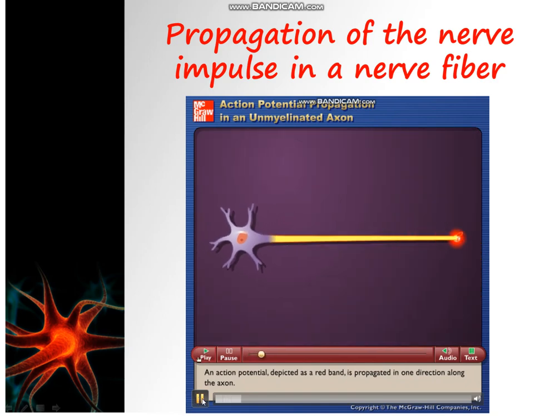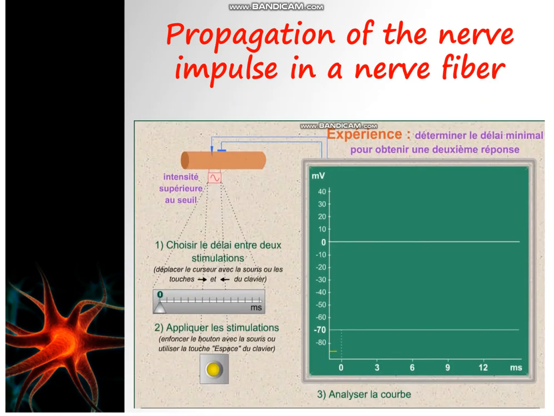The red light represents the nerve message, and as you see, it propagates from the cell body in direction of axon terminals. One might ask why the nerve message propagates in only one direction.